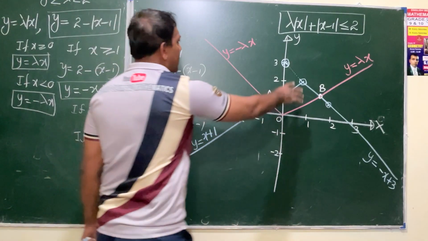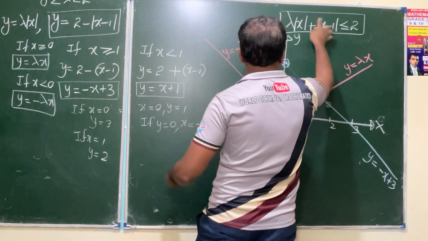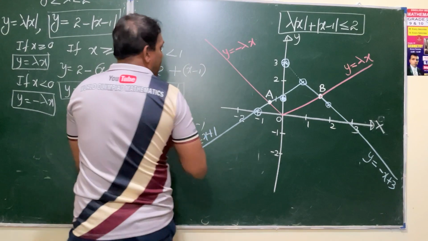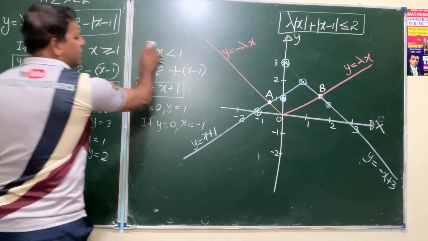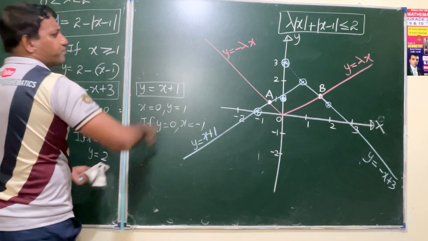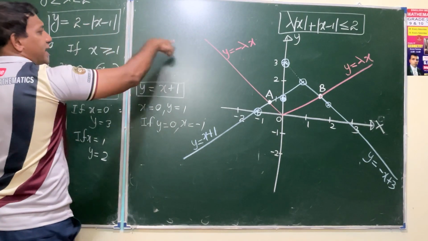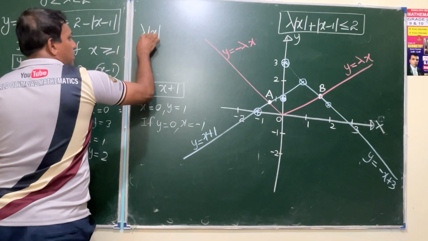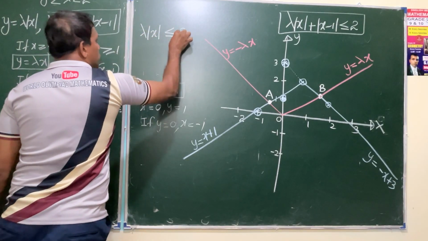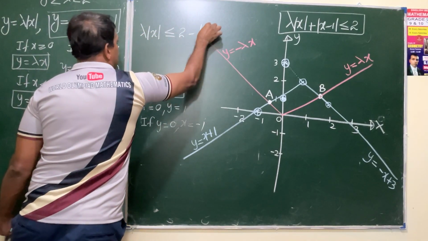After drawing the combination of these two inequalities, can I rearrange that problem? If I rearrange that, 2 minus lambda mod x is less than or equal to 2 minus, like this. Check.